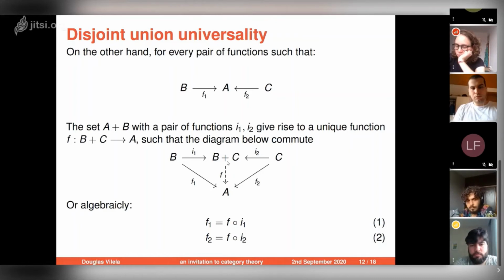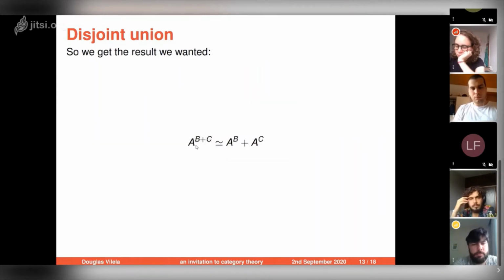So with that universal property and the other result that we saw, we can state that this set of functions is bijective.